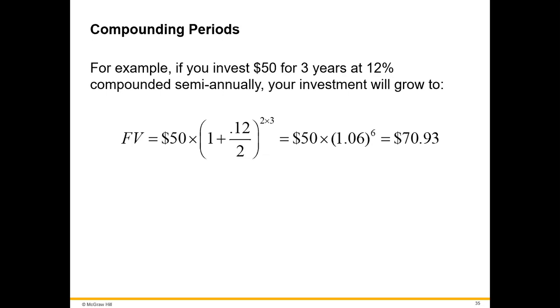Raise that not to the 3-year power, but the number of compounding periods power, 2 times 3. Now, we didn't have to do this before because our investments compounded annually. But if they compound more than once a year, we need to convert our interest rate into a compounding period interest rate by dividing it by the number of compounding periods per year.